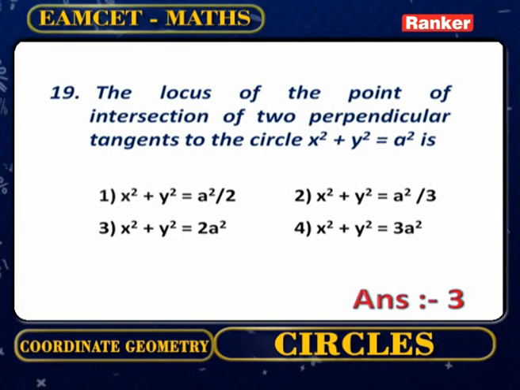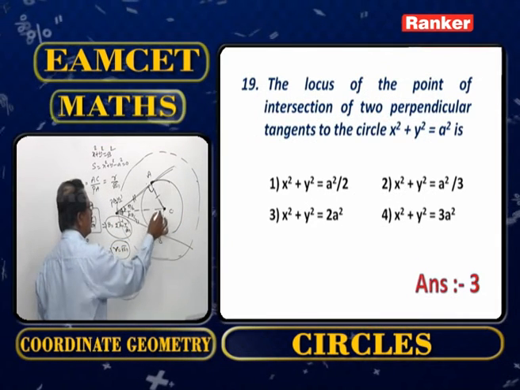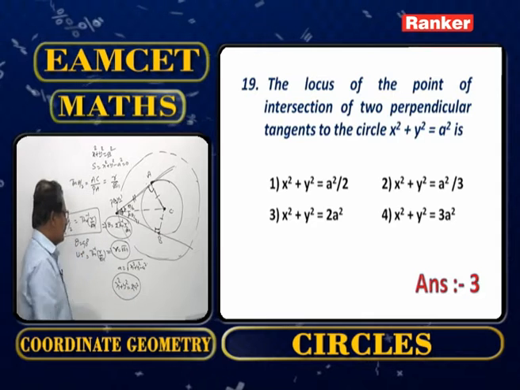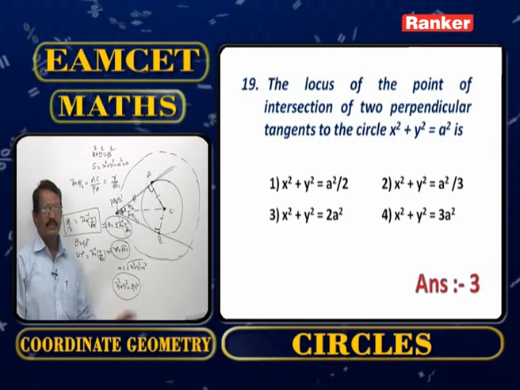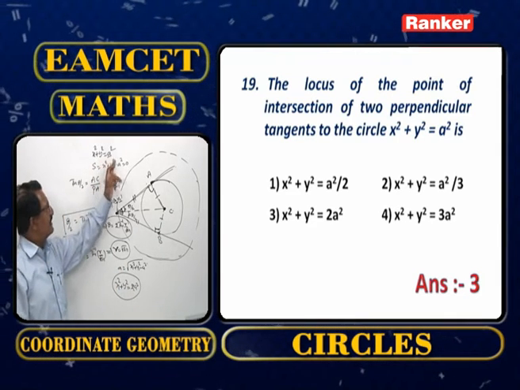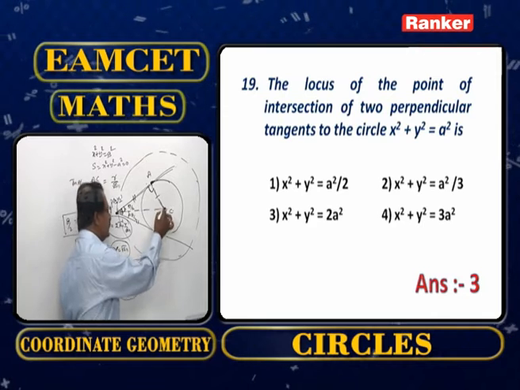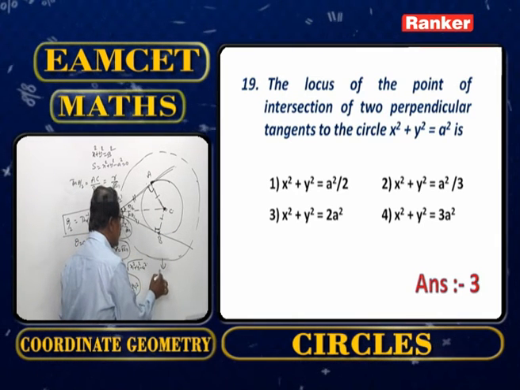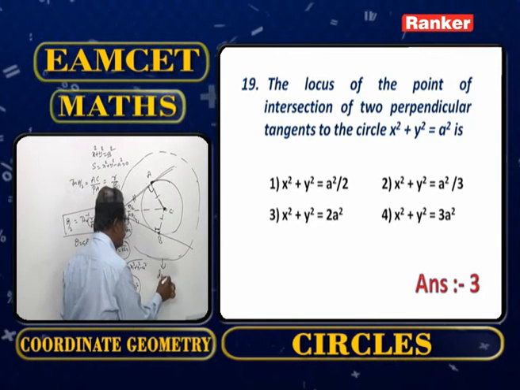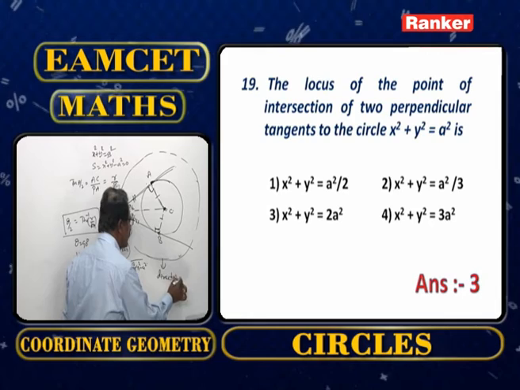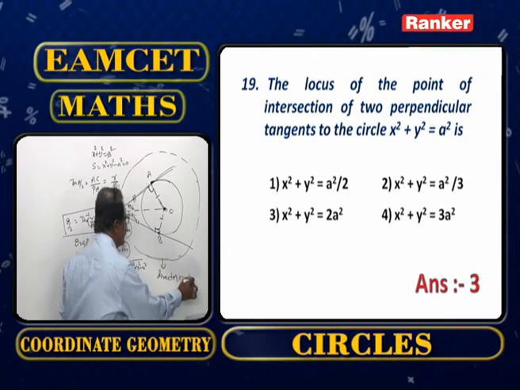Now it is also a circle concentric with the given circle, because the centers of x square plus y square equals 2a square and x square plus y square equals a square are the same. This circle is called the director circle of the given circle.